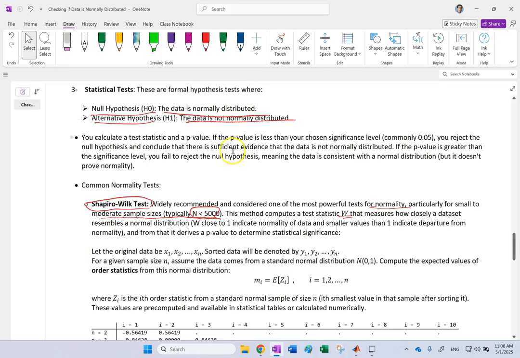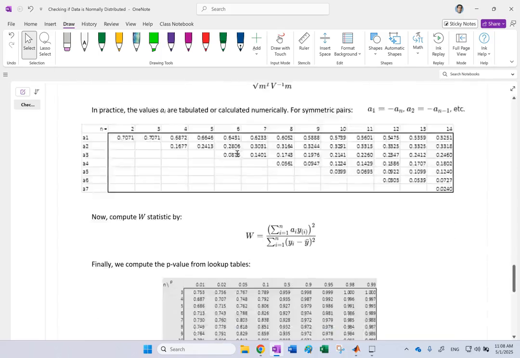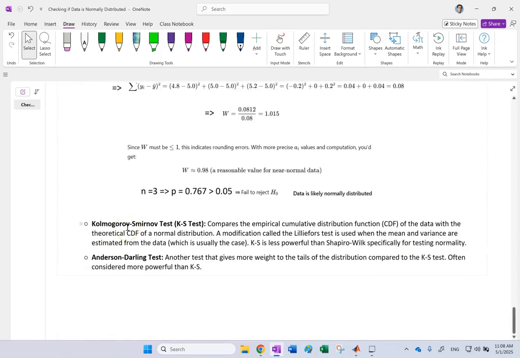Now, this is one of the tests, and then we also have the Kolmogorov-Smirnov test, or KS test, which compares the CDF of your data with the theoretical CDF. There is a modification of this KS test called the Lilliefors test, and this one is used when you don't have the mean and the variance of the data, but you can estimate them from the data.